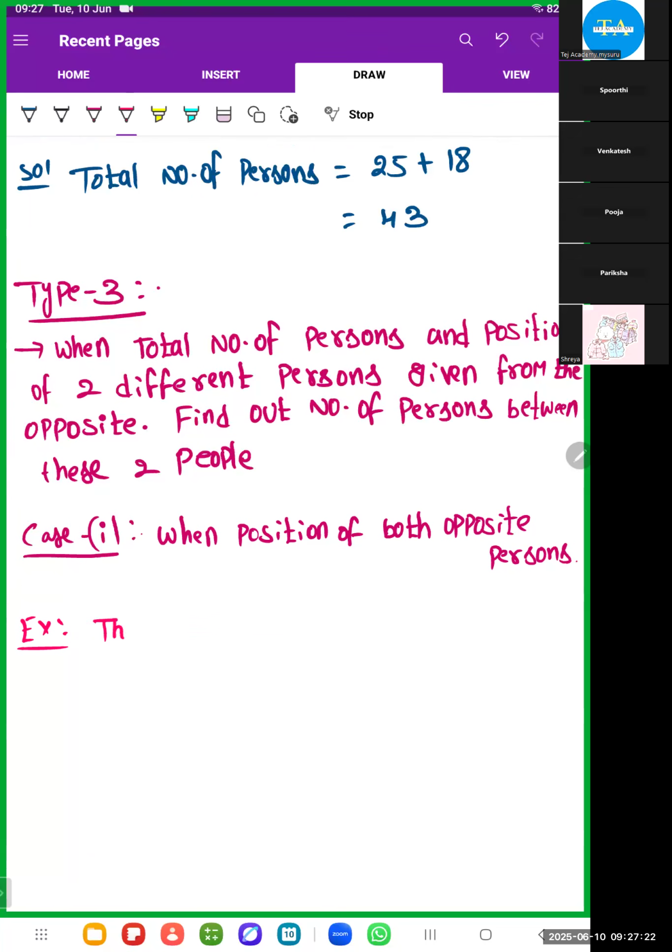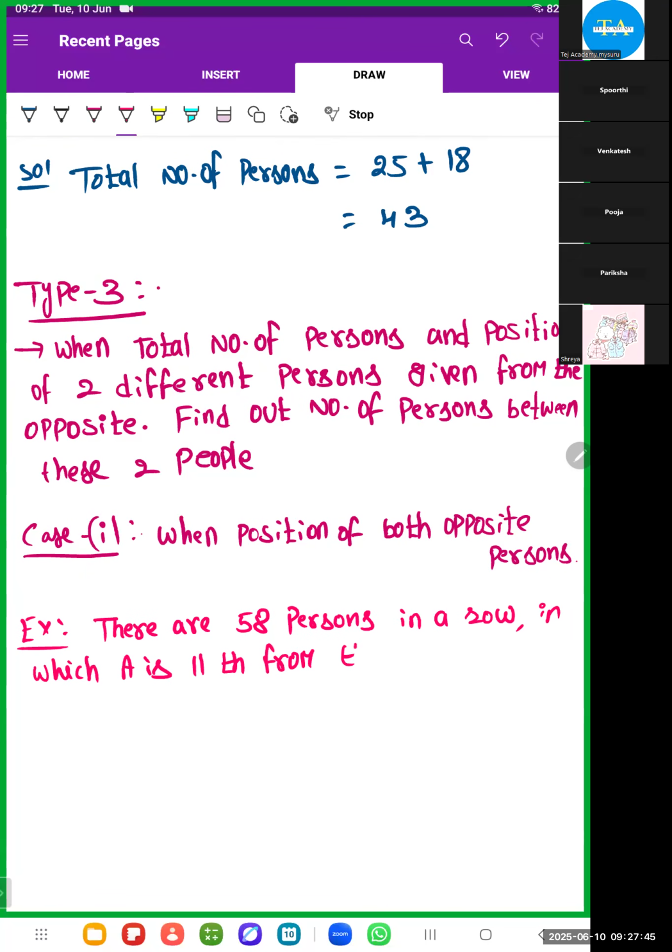There are 58 persons in a row, in which A is 11th from the left and B is 22nd from the right side of the row.